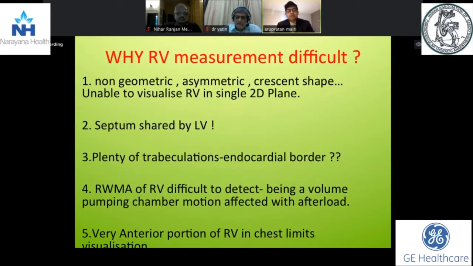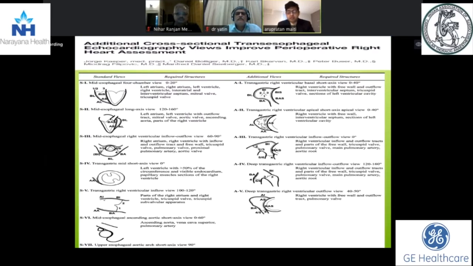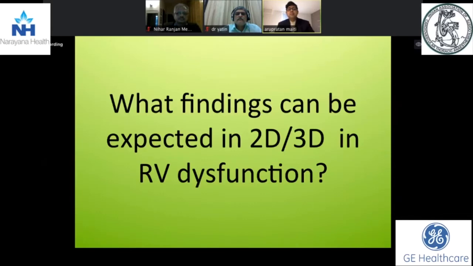Secondly, the septum is shared with the LV, there are plenty of trabeculations, and endocardial border delineation is difficult. RWMA of the RV is very difficult to detect, as it is a volume pumping chamber affected by afterload, and being a very anterior portion of the chest, it limits visualization in echocardiography. The different views have already been discussed today.